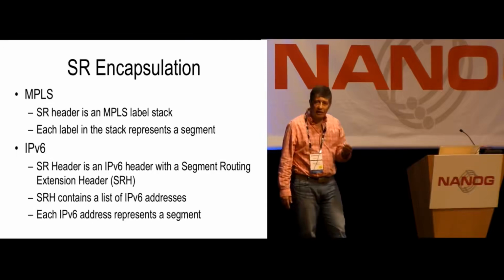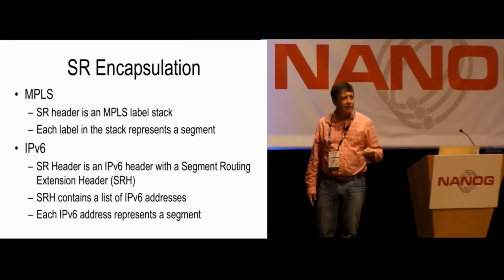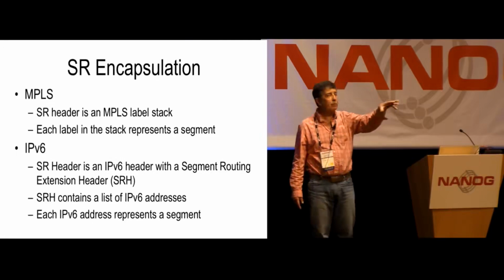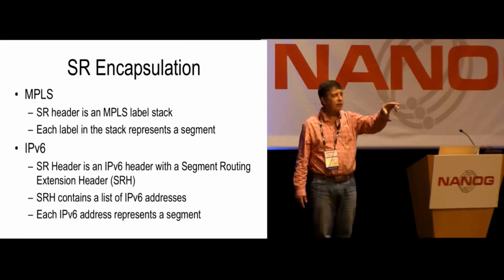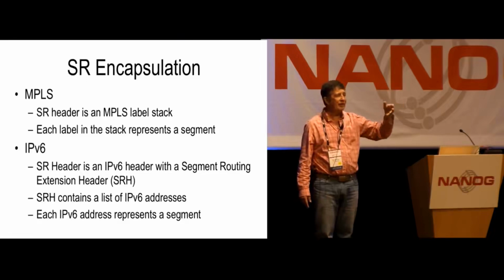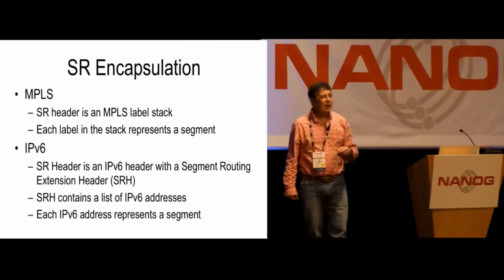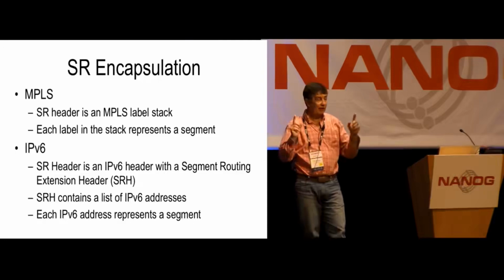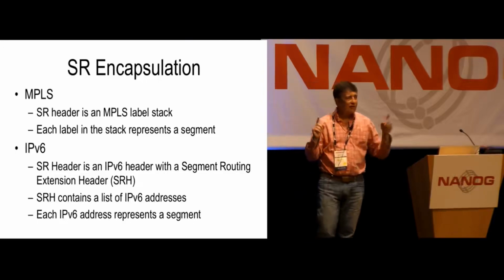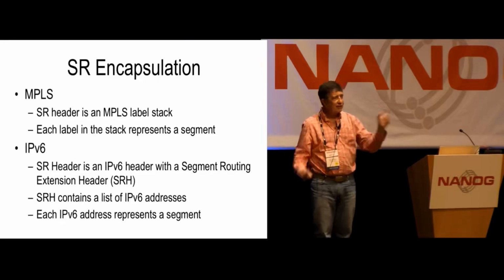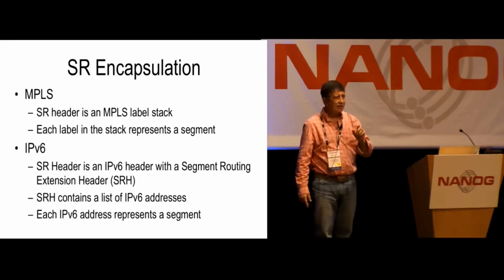Now, this is a strategy that you've seen before. I remember I've seen a few hands going up when we talked about loose source routing. Raise your hand if you remember loose source routing in IPv4. Okay, in IPv4, the option has a bunch of IP addresses in it. Each IPv4 address really represents the end of a segment that you must visit.